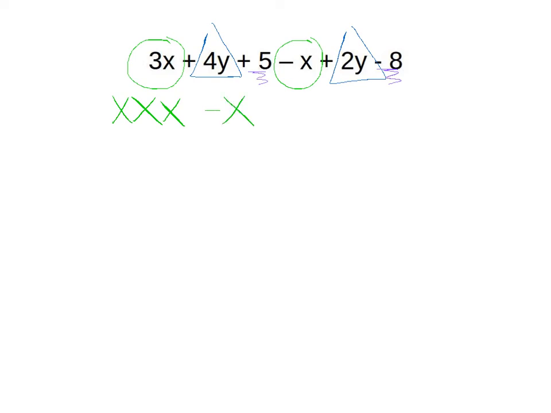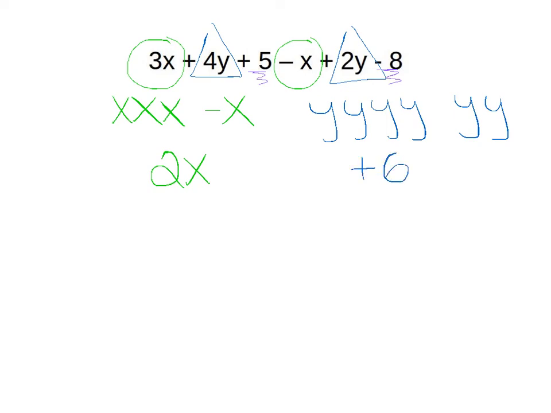This leaves us with 2x. Now, let's combine our y terms. We have 4y and 2y. Together, we have a total of positive 6y.